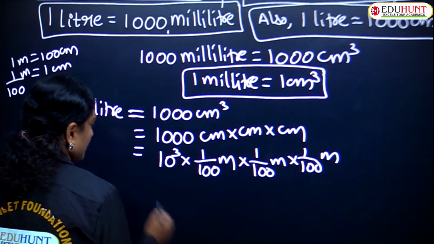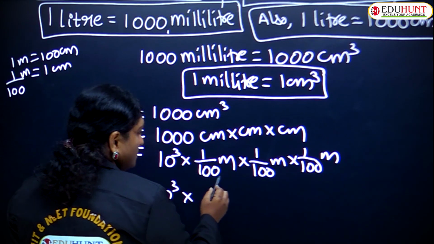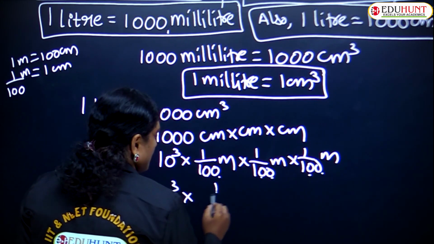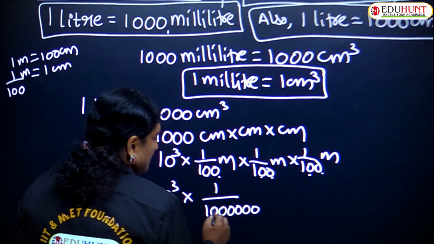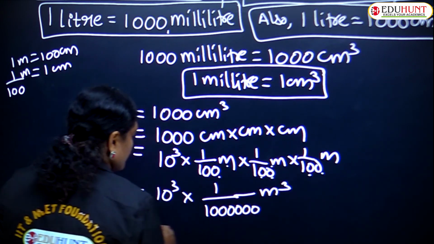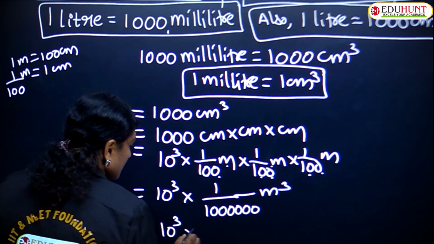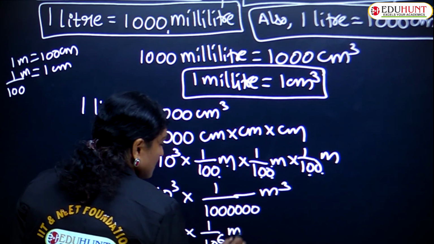So 10 power 3 into 2 zeros, 2 zeros, 2 zeros. How many zeros totally? 6 zeros. Meter into meter into meter, meter cube. So 10 power 3 into 1 by 10 power 6 meter cube.